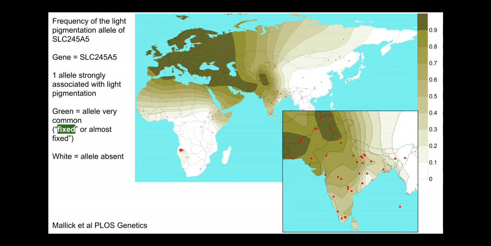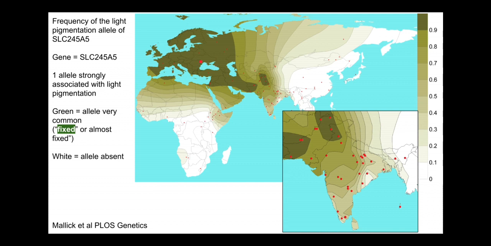Green here is indicating the presence of the allele and lighter pigmented skin. As we move away from Central Africa, skin pigmentation tends to decrease, and this allele is increasing in frequency until we get up into Europe, where the allele is completely fixed, or almost fixed.